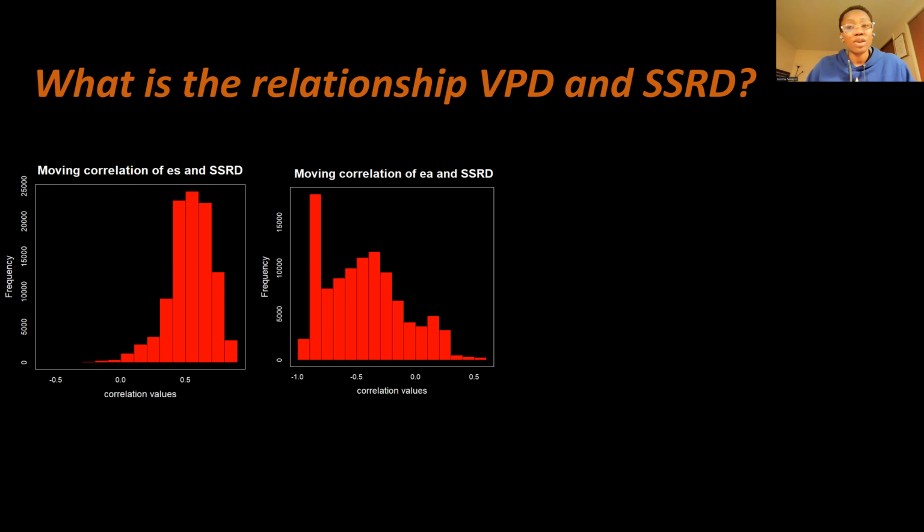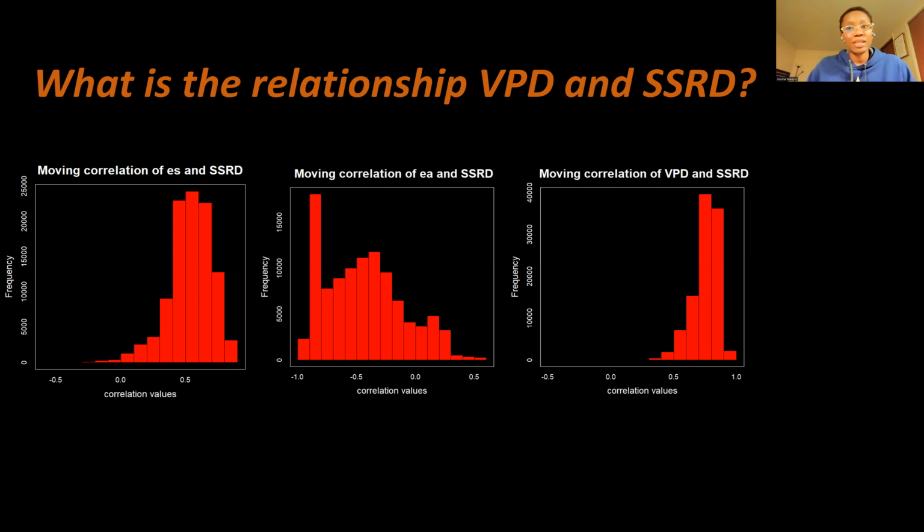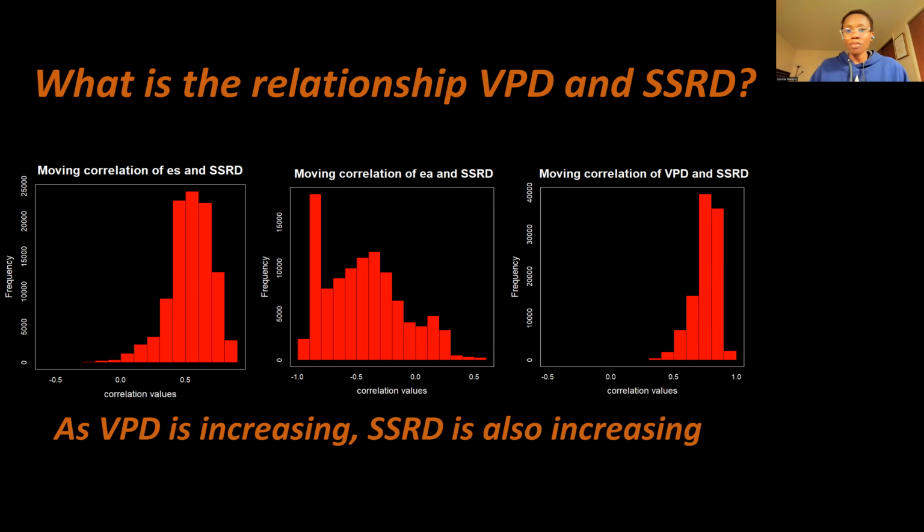So this means that as EA is increasing, solar radiation is decreasing. And then I checked for VPD. VPD has the strongest positive relationship. So it means that as there's a higher atmospheric demand for water, incoming solar radiation increases.